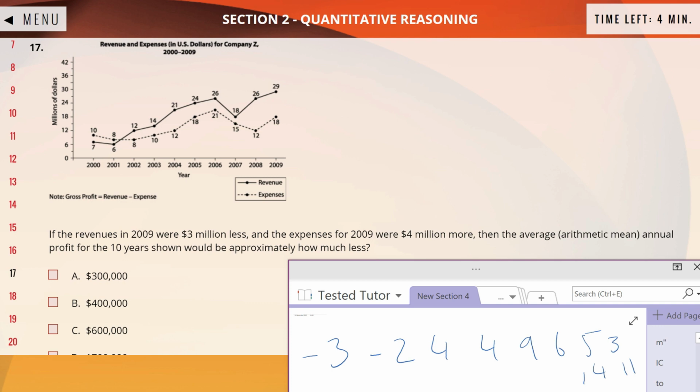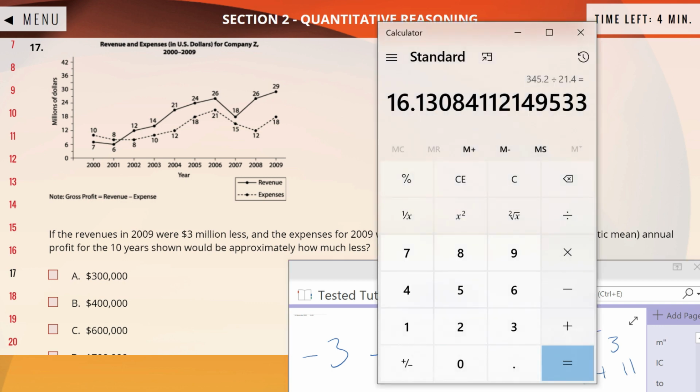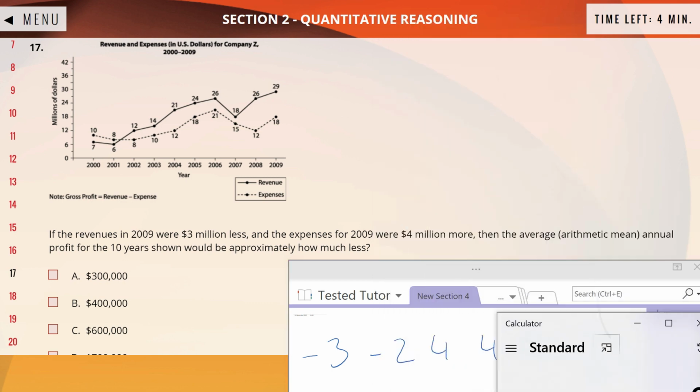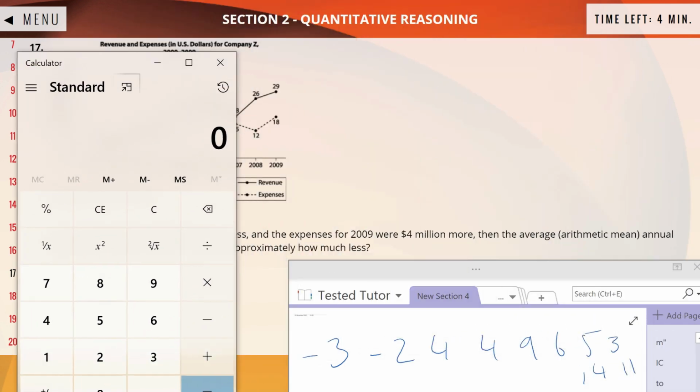So how to work out the average of that? We add it all up and divide by how many terms. So I can do most of that in my head. -3 minus 2 is -5, +4 -1, +4 is 3, +9 is 12, +6 is 18, +5 is 23, 26, +14 is 40, +11 is 51.